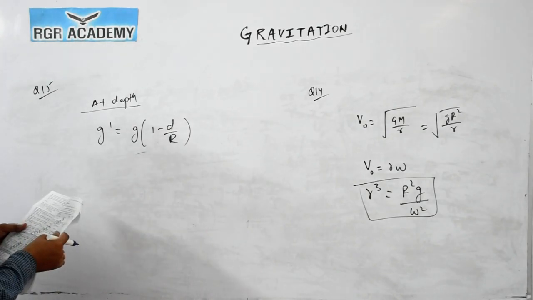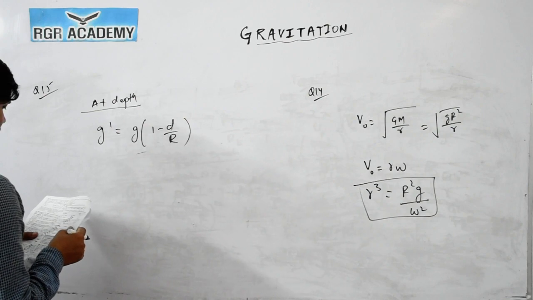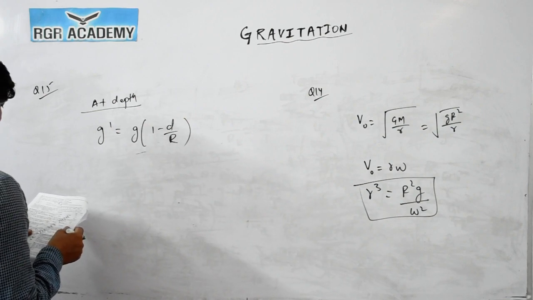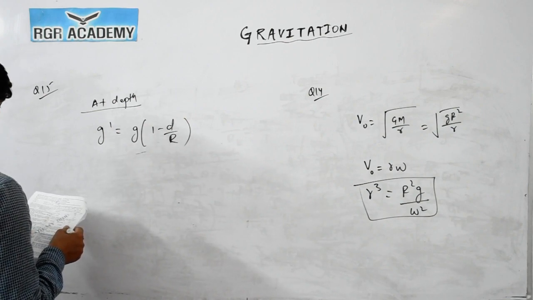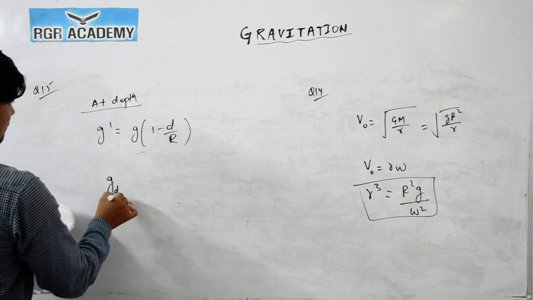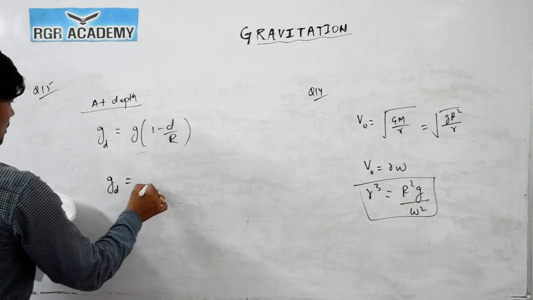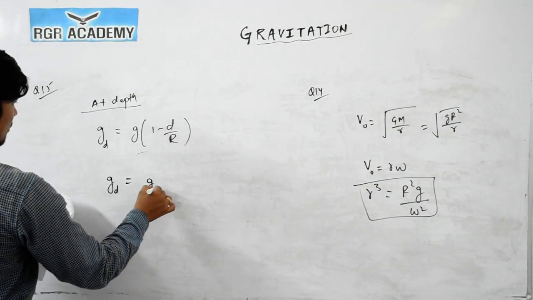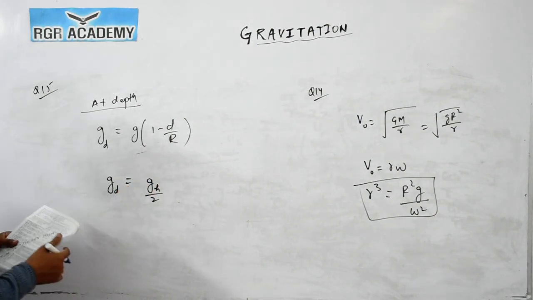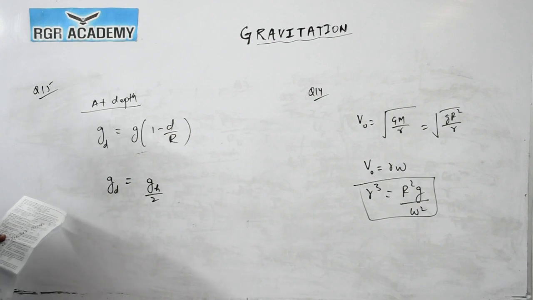So what they have given is that g at some depth is equal to half of the acceleration due to gravity at the height 1600 km over the surface of the earth.